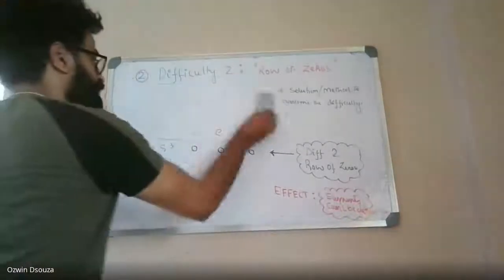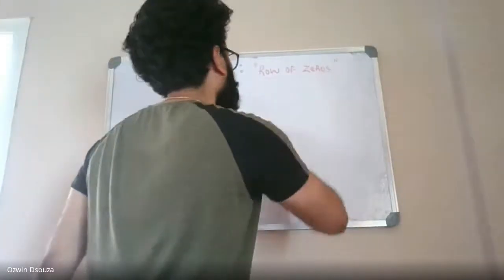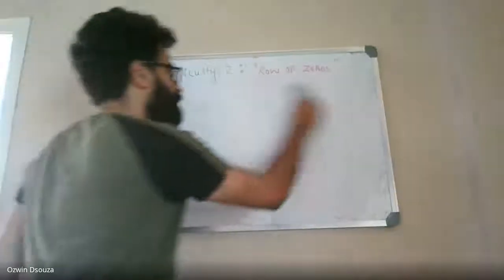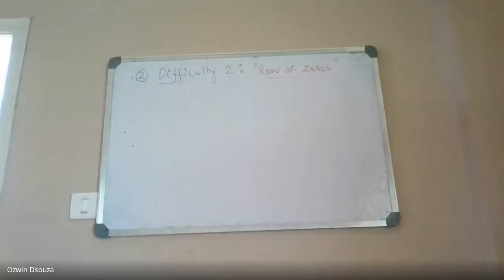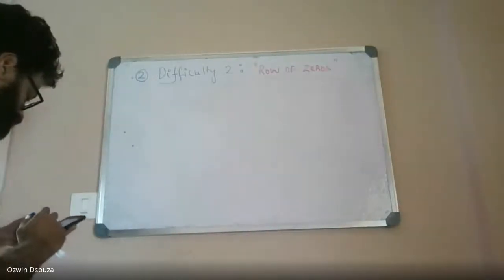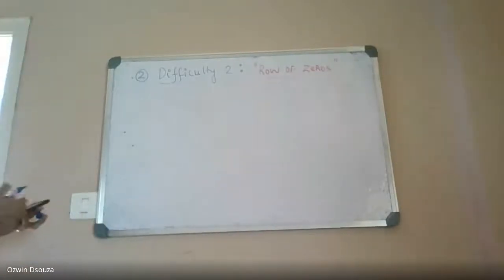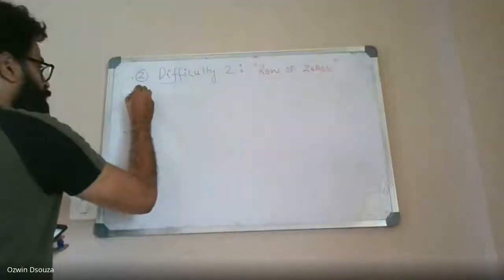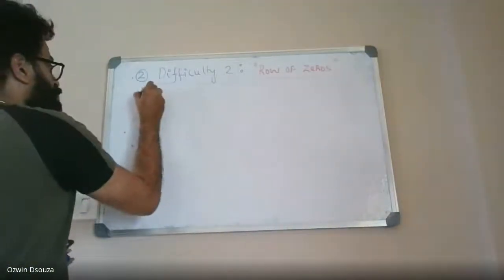I hope you understood the difficulty. The difficulty is a row of 0, due to which you will not be able to determine the elements of the remaining rows. All right. This difficulty can also be called the special case. Okay.